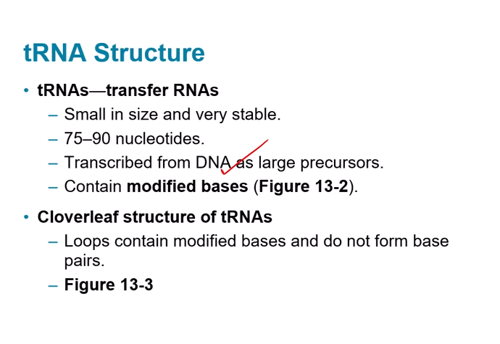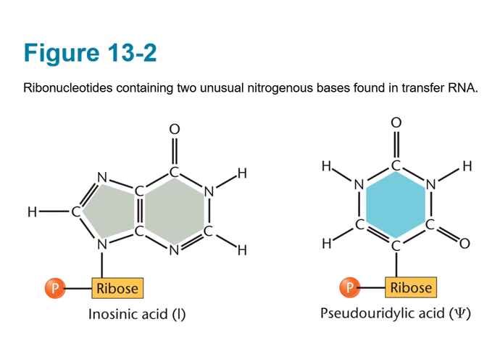So what we learned, editing is one of the modifications that are done on transfer RNAs or RNAs in general. Editing changes the nature of the nucleotides or the sequences that RNAs are made of. So these are some of the nucleotides which are contained in transfer RNA.